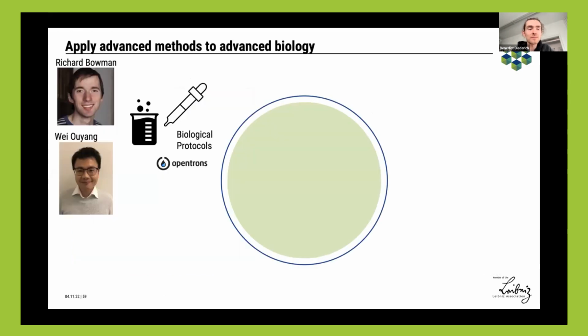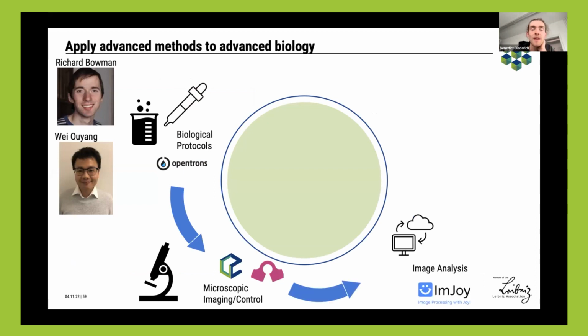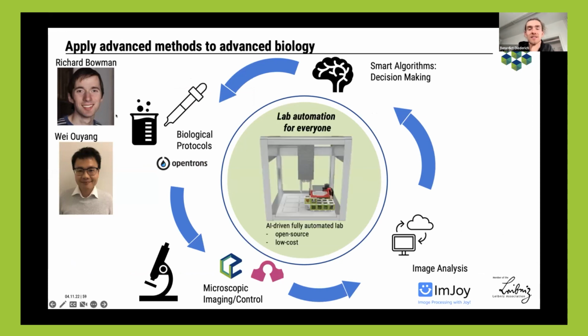And so we teamed up with people like Richard Bowman and Wei Young from OpenFlexure. And so we created this feedback loop where you have microscopy and biology somewhat digital, and then create a feedback loop so that the next round of the next biological protocol may work a little better.